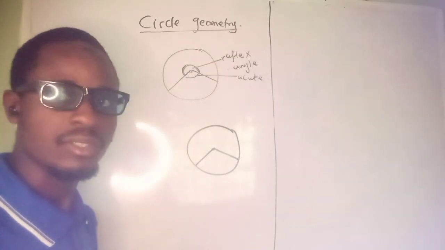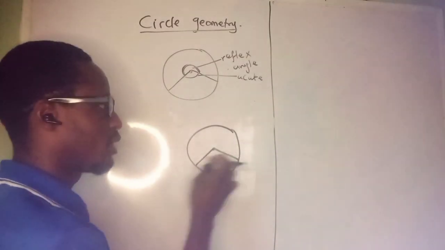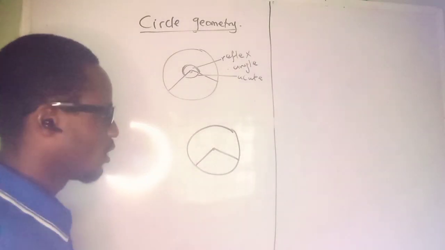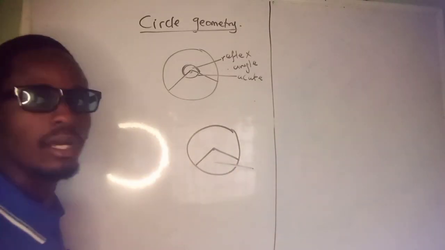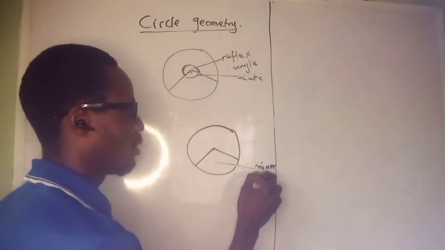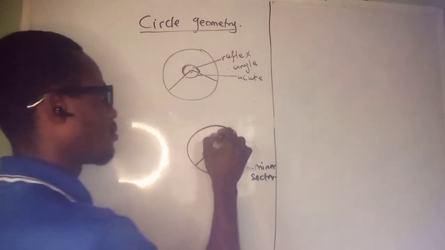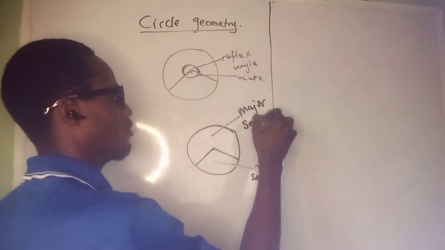However, there is a bigger sector containing the reflex angle, and there is a smaller sector containing the acute or the obtuse angle, depending on the value of the angle. So this will be called a sector, but a minor sector. Meanwhile, the bigger part will be called the major sector.